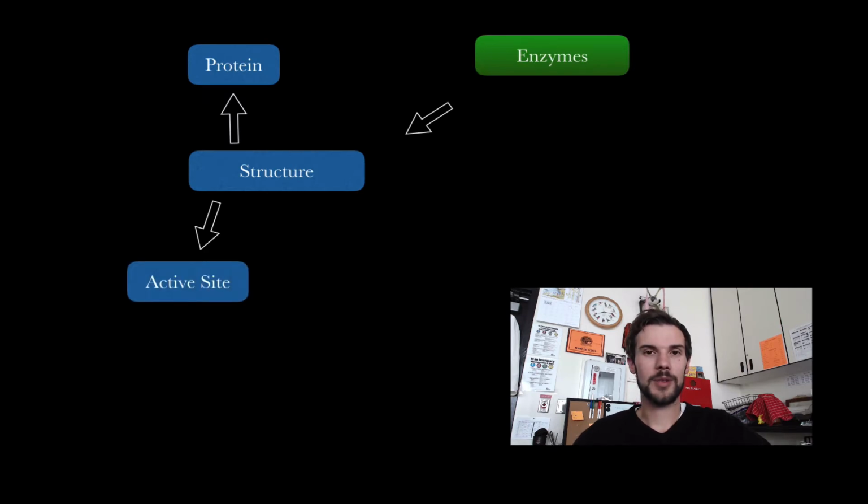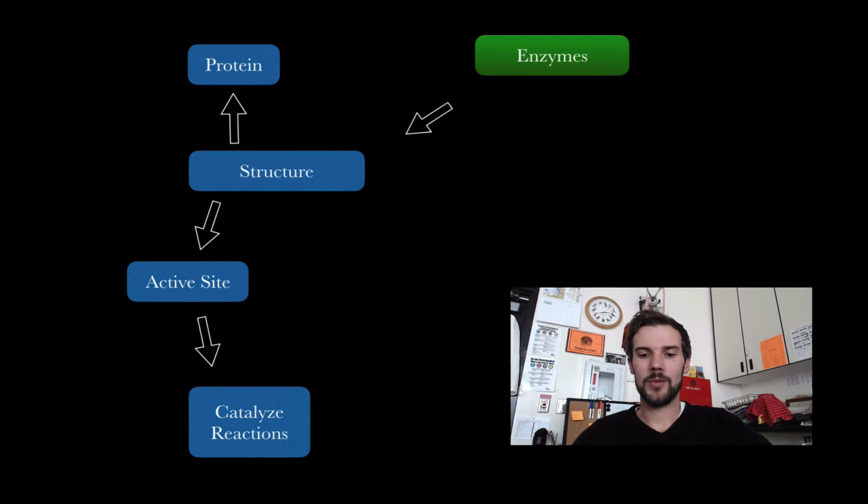They will have what's called an active site, and that active site is going to help with the building or with the breaking apart of certain molecules. And we can call that breaking or building reactions for biology, and the catalyzation is going to be the starting of a reaction of some sort.